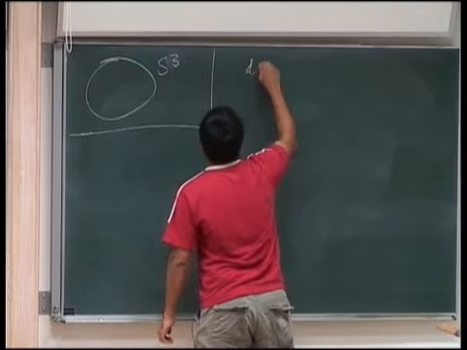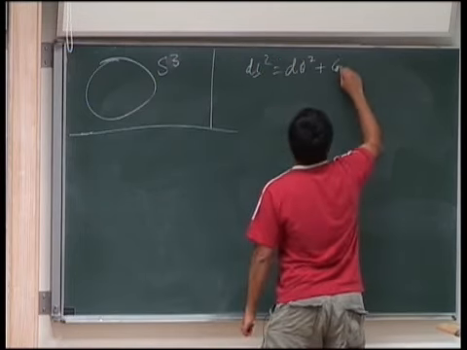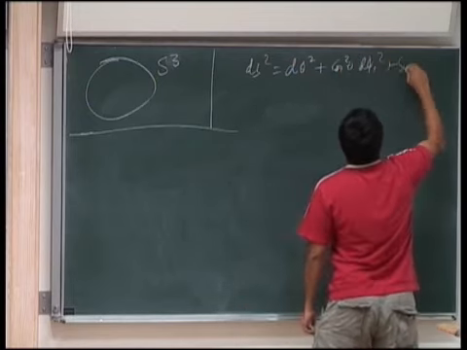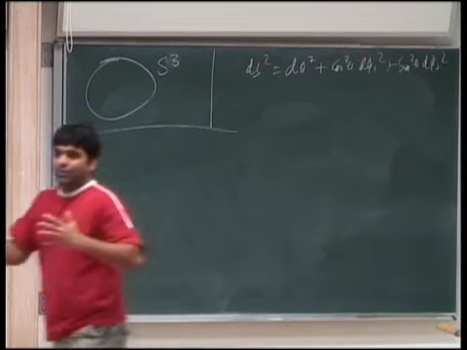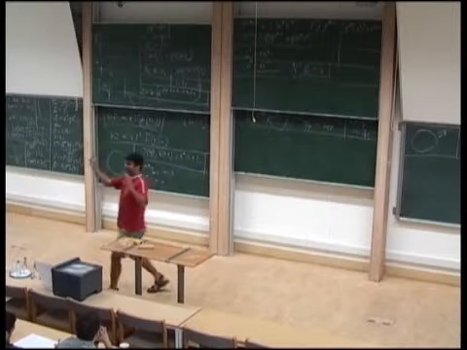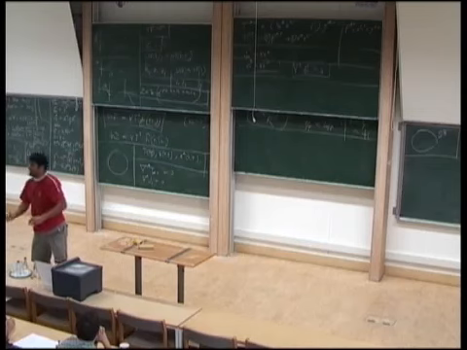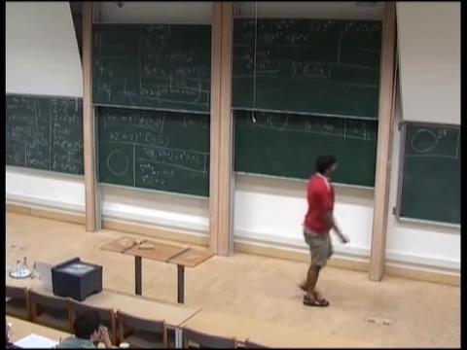Let me say that ds^2 is equal to d theta^2 plus cos^2 theta d phi_1^2 plus sin^2 theta d phi_2^2. You see what I've done: I've taken S^3 and embedded it in R^4. Phi_1 and phi_2 are rotations in the two orthogonal planes, and theta labels where you are in an orthogonal direction.